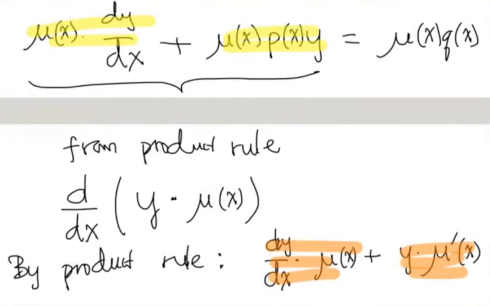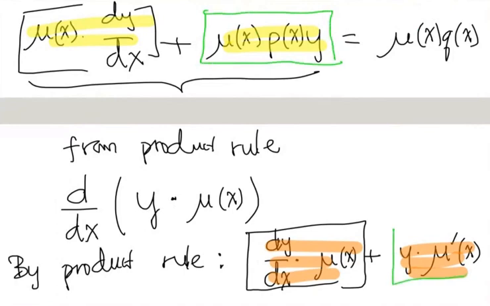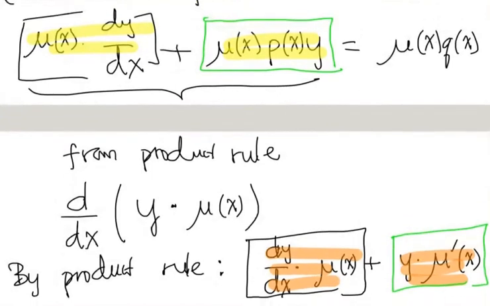The first term, dy/dx times mu of x, is exactly the same as that term right there. So to match the second piece, mu of x times p of x times y should be exactly the same as y times mu prime of x. But the common y is the same here already.